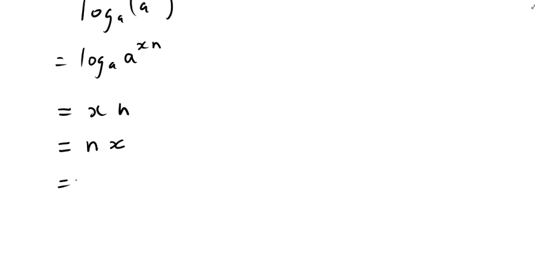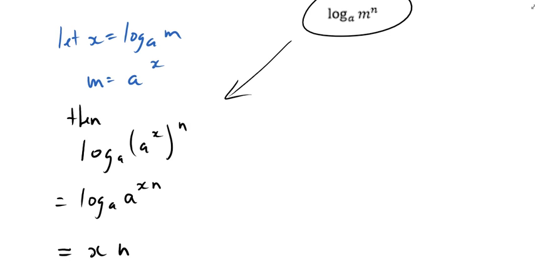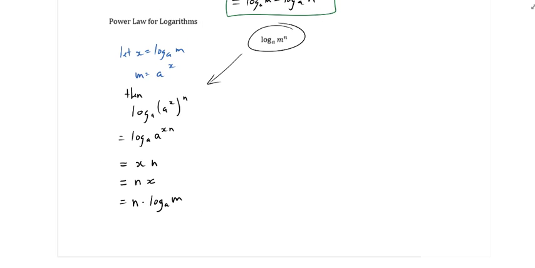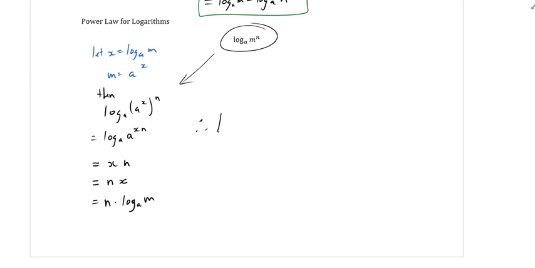But what is x? X is log base a of m. So log base a of m to the n equals n times log base a of m.